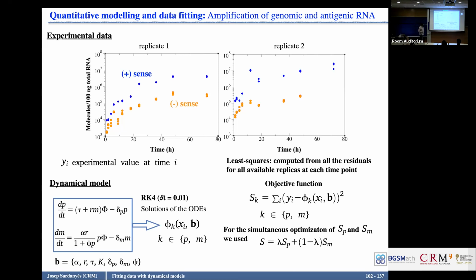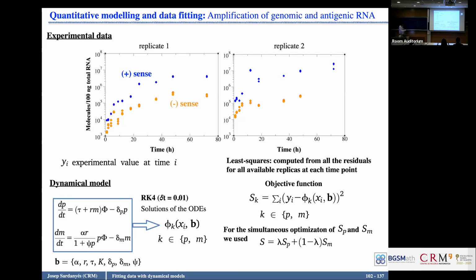And here what I use is a function that is called a Pareto function. What I have is the objective function: lambda times S_P plus (1 minus lambda) times S_M.